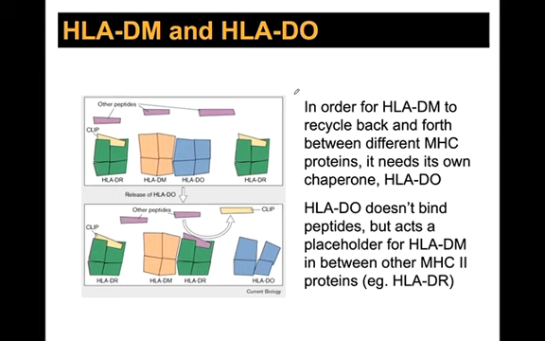Dr. Blattman, are those mice that you're speaking about knockouts of DM or DO? Is that why they still have the CLIP bound to the MHC2? No, it's a modified MHC2 in which the CLIP protein is actually part of the protein sequence, so it is covalently linked to the MHC2.